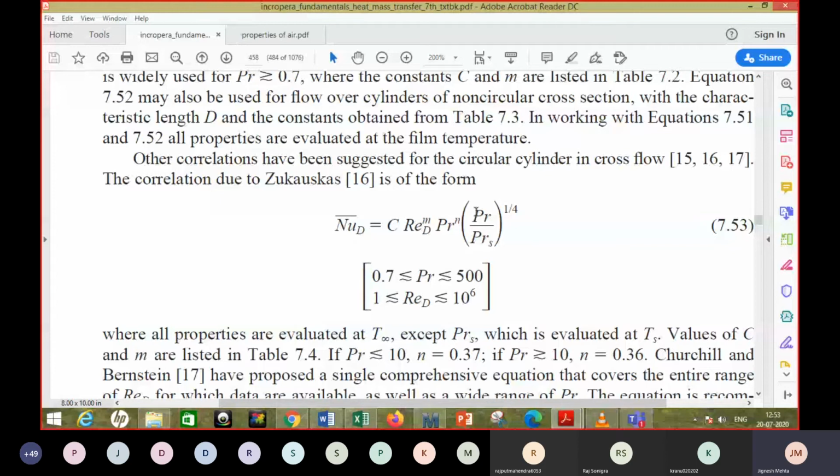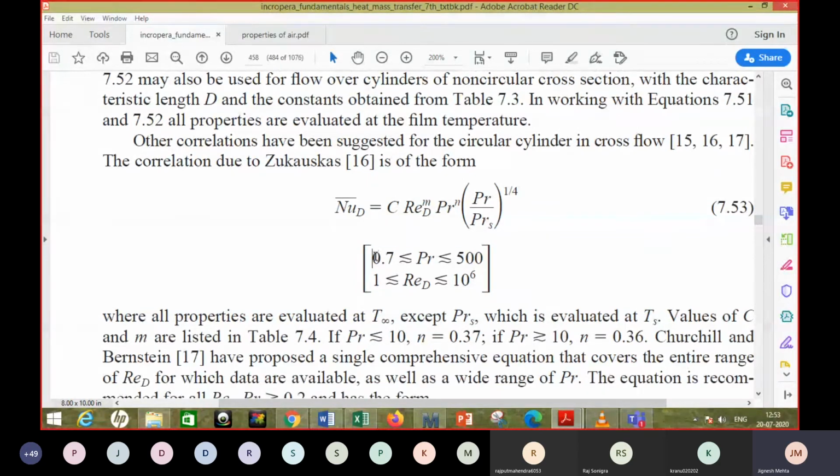So in those cases, it is important to evaluate this, and this would be a better correlation to be used when the surface temperature and the fluid temperature are very much different from each other. And as you can see, this can be applied for a range of Prandtl number from 0.7 to 500. So you should not apply it beyond 500.